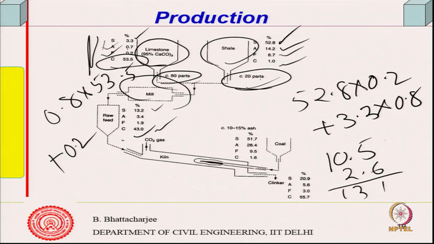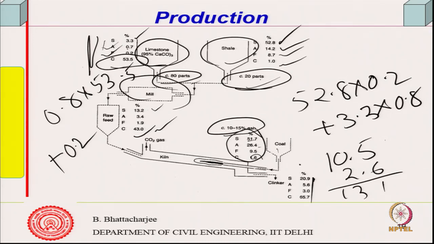So, that is how the raw feed goes to the kiln, and then if you are using coal for burning, of course, coal goes in, and then this will have some ash left, 51%, etc. So, from this you can actually calculate out, because this will have silica, alumina, 9 point, and unburnt carbon is 1.6, and these are percentages in this one. 10 to 15% ash is there.